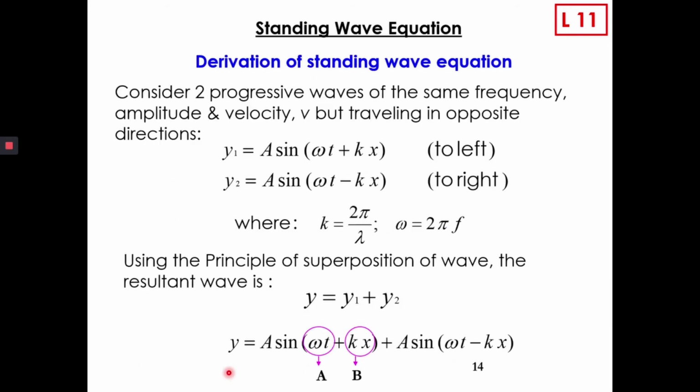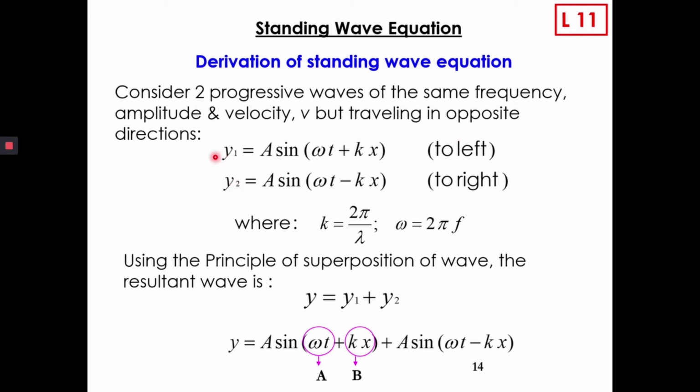so this is the standing wave equation. Okay, because the standing wave comes from two progressive waves meeting at a point. So let's say the equation of the first progressive wave is A sine omega t plus kx. The plus sign shows that the wave is traveling to the left.